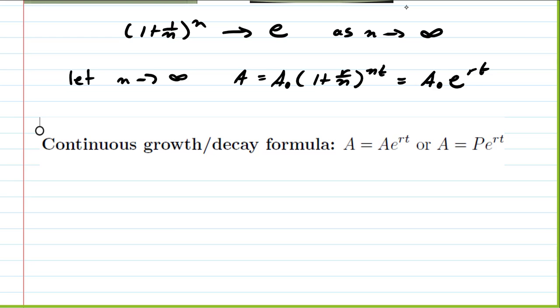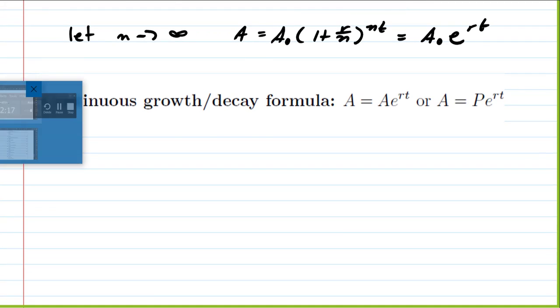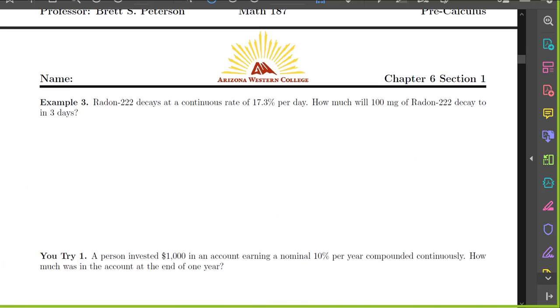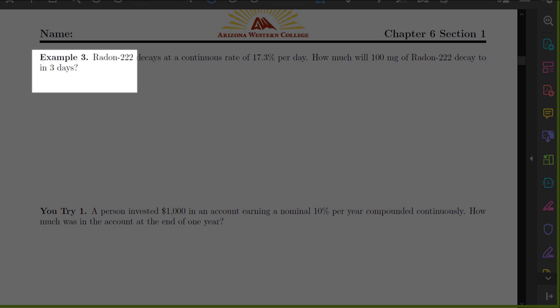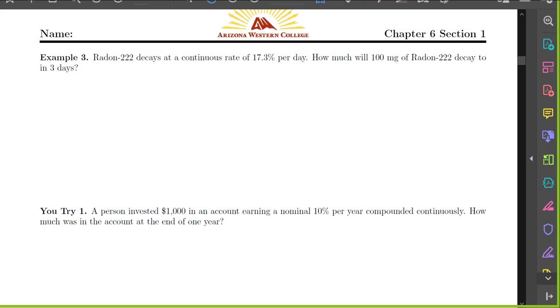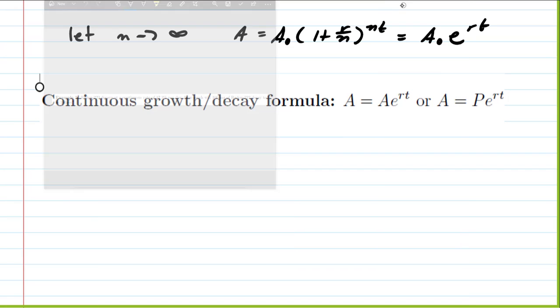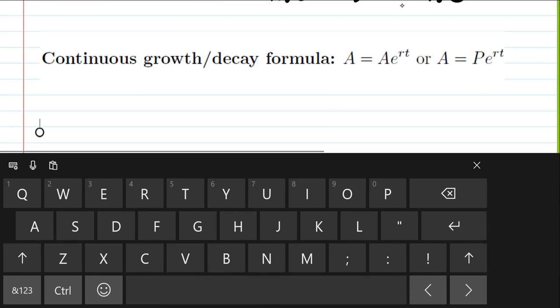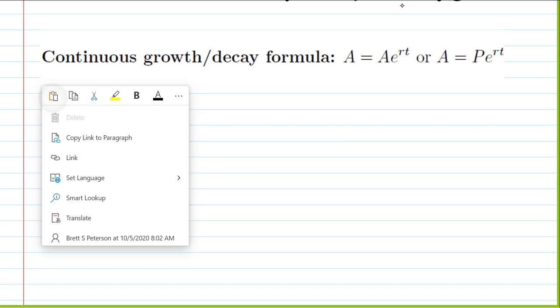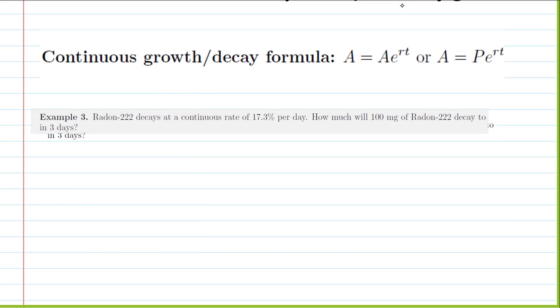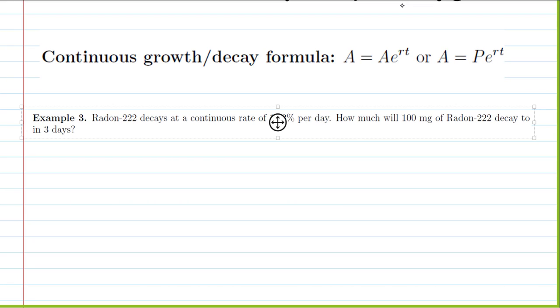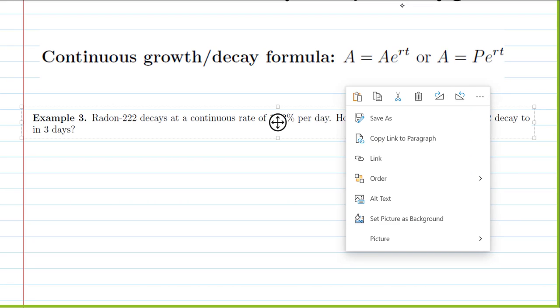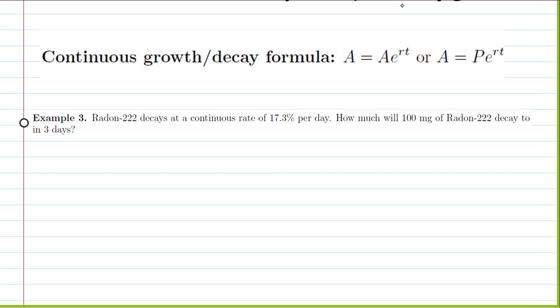All right. So now, let's go ahead and do example number 3. Radon 222 decays at a continuous rate of 17.3% per day.